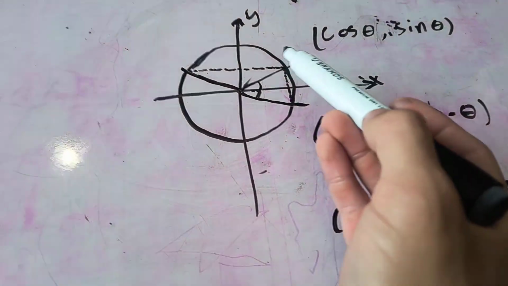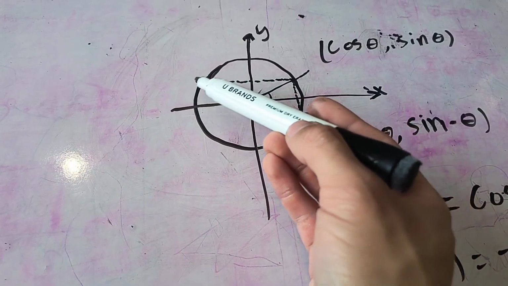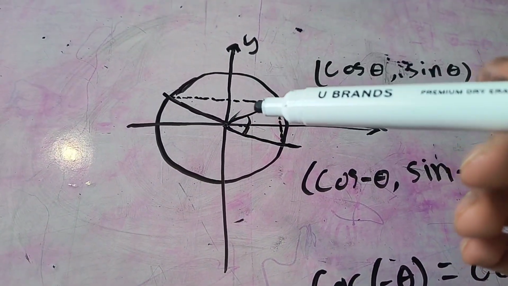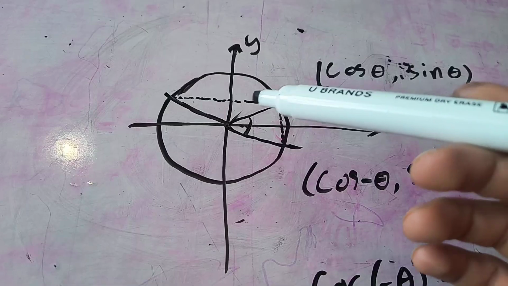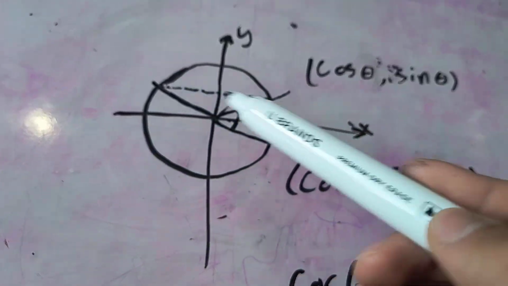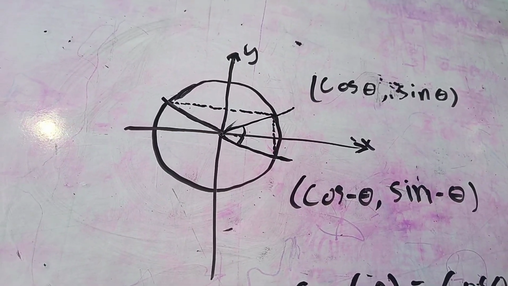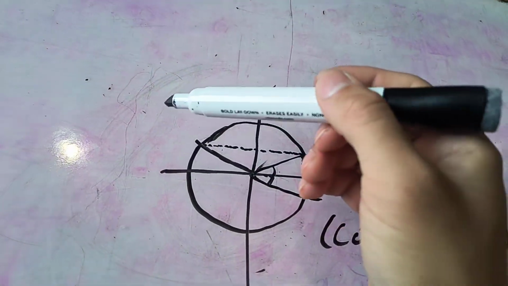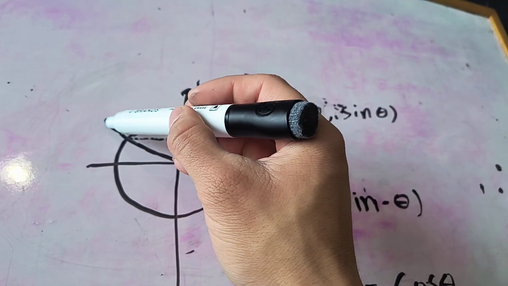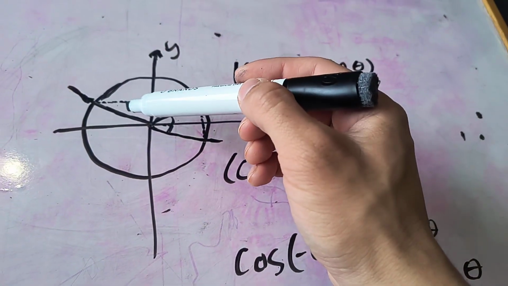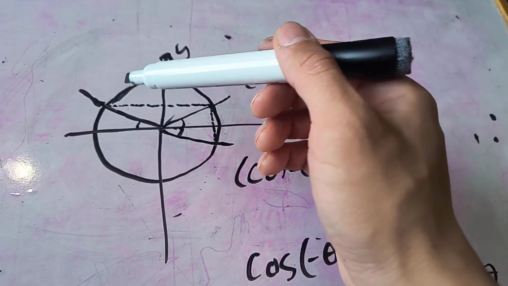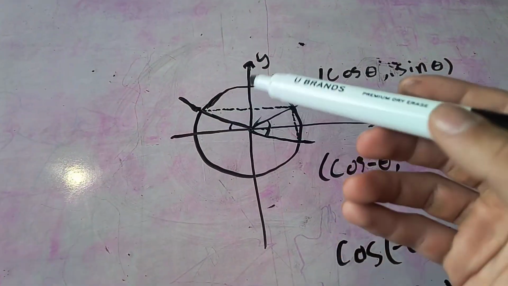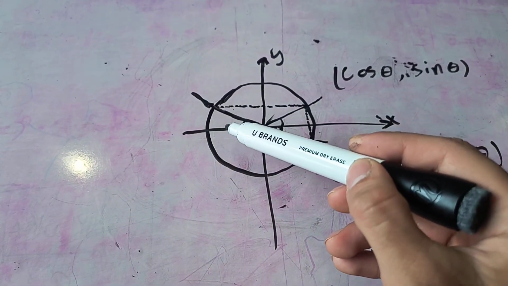Now the angle between this is going to be pi, since this is 180 degrees.